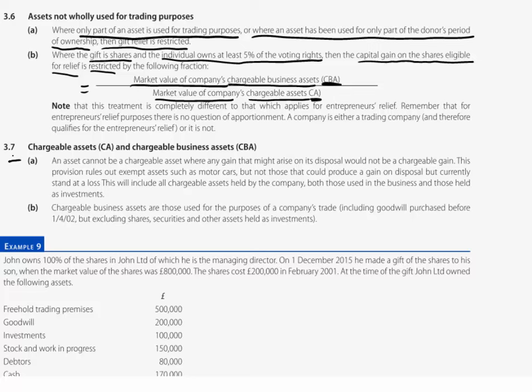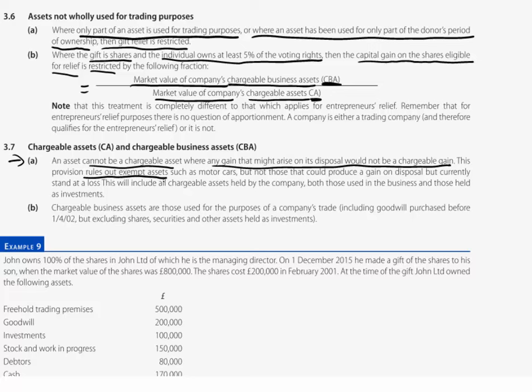So, chargeable assets, just move to note 3.7 here. An asset cannot be a chargeable asset where any gain that might arise on the disposal would not be a chargeable gain. That's just the technical way of saying that, of course, it will rule out exempt assets.